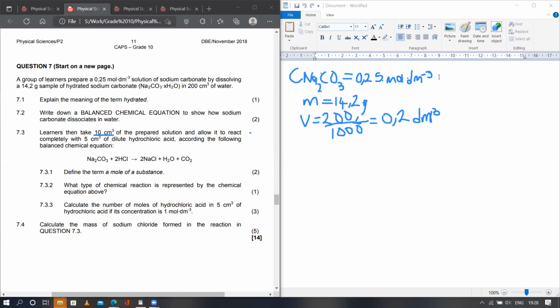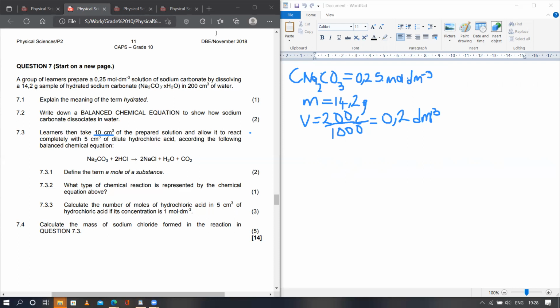Let me just write it in text. They take 10 cubic centimeters of a prepared solution, and allow it to react completely with 5 cubic centimeters of diluted hydrochloric acid, according to the following balanced equation.